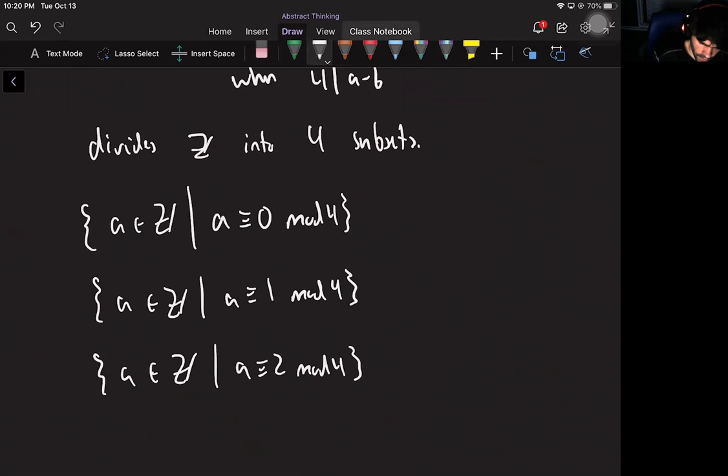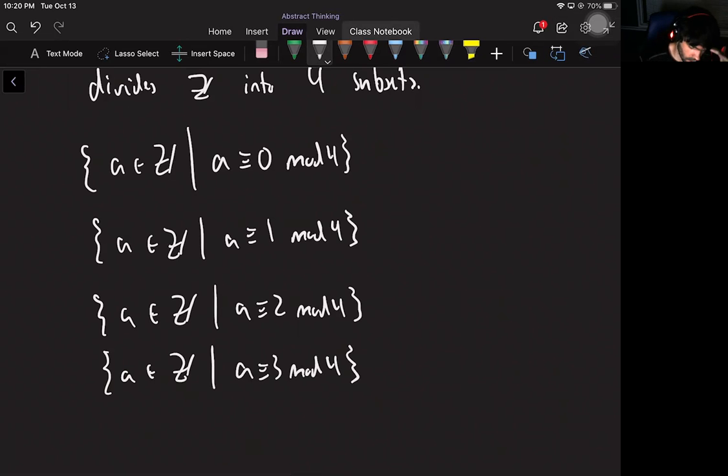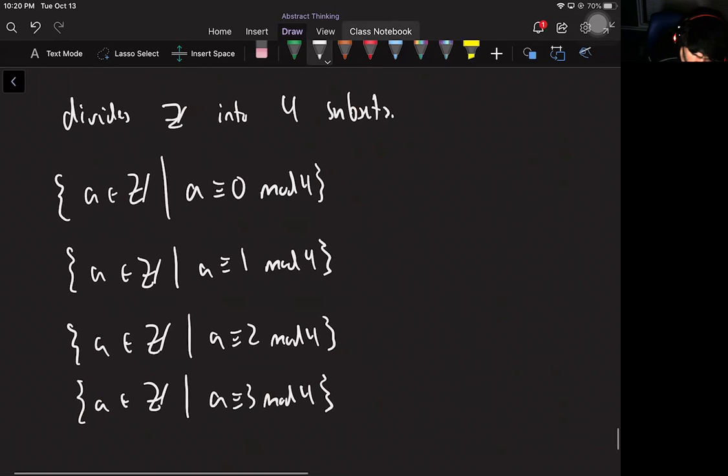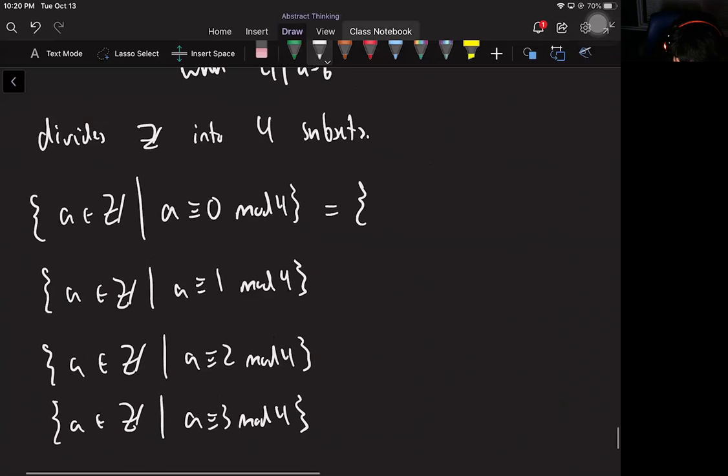And then there's all the numbers that are congruent to 3. And these 4 contain all the integers, because what this first set is saying is list all the elements that are the same as 0, aka that are related to 0 in that relation.